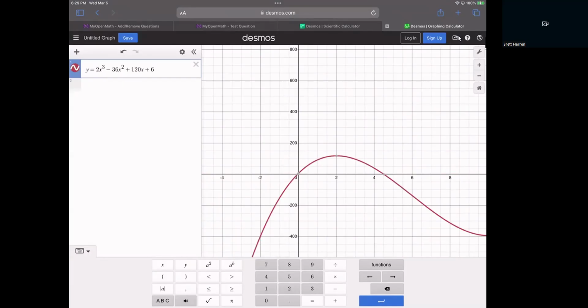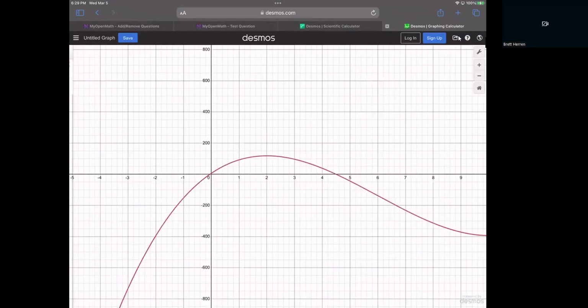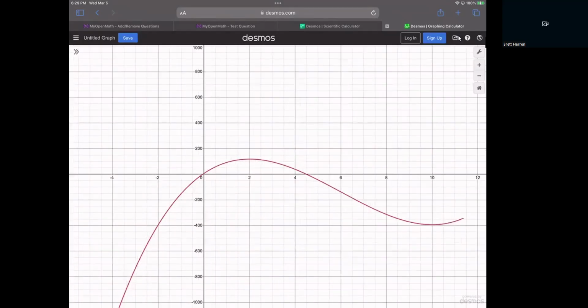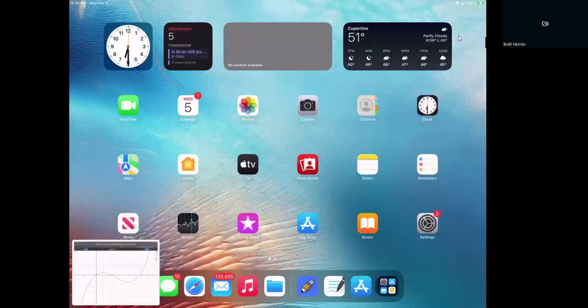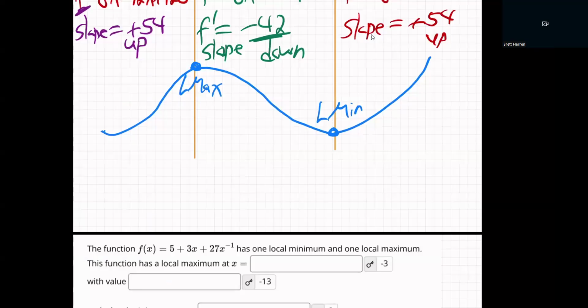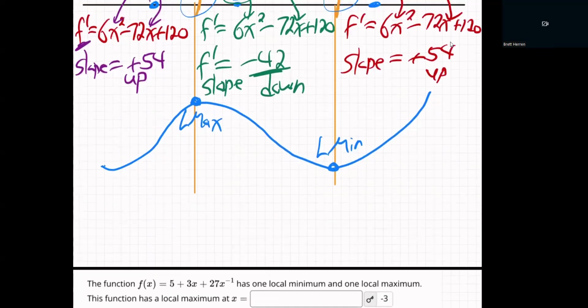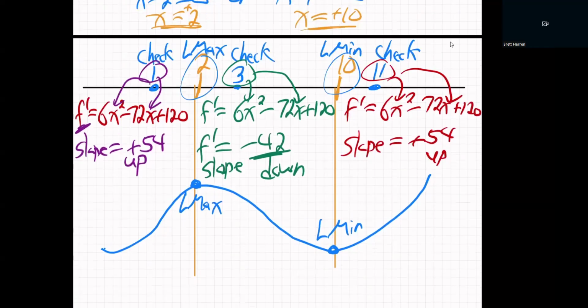I always like to see, okay, there's the actual graph. Let me shrink it sideways a little bit. There's the actual graph that we just found. There's what we thought it would look like, right?